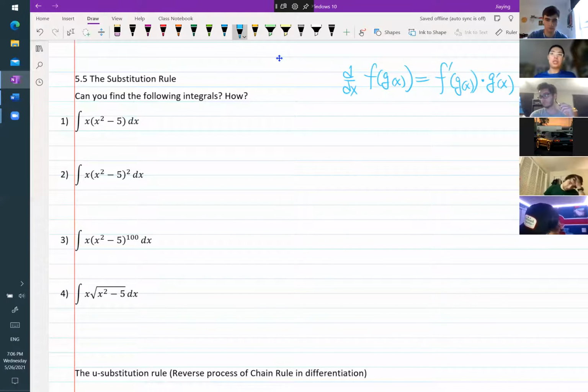So that's the chain rule. The substitution rule is sort of similar to that, but it's for integration, not for differentiation. But before we talk about the rule, let's look at a few examples.